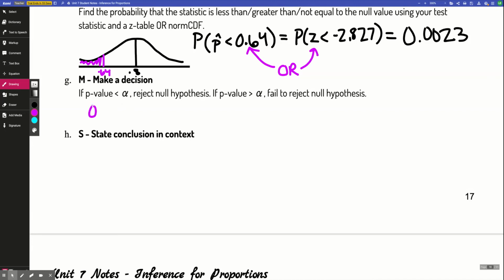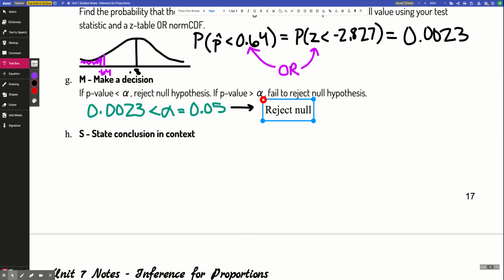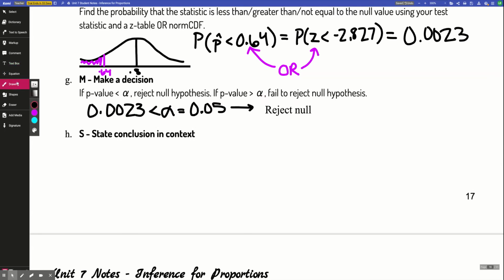So my p-value was 0.0023, which is less than alpha, which remember was 0.05. So that means I'm going to reject the null. So that's my decision, and that's my final decision.